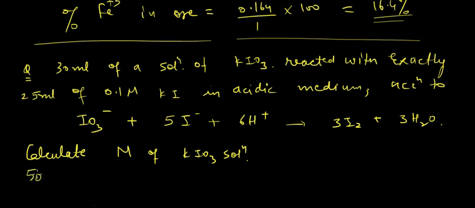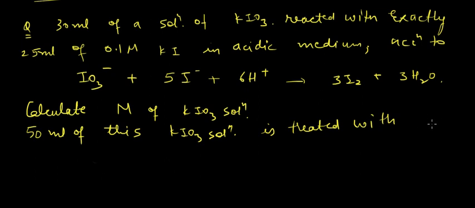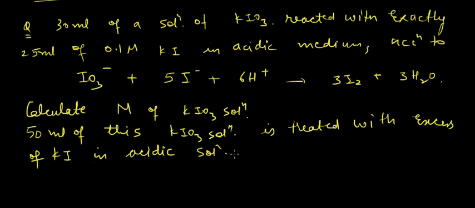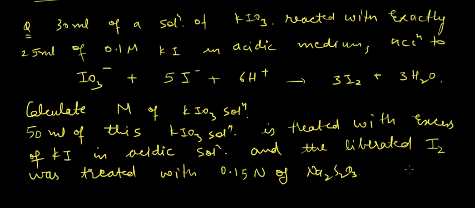And then, let's say 50 ml of this KIO3 solution is treated with excess of KI in acidic solution, and the liberated I2 was treated with 0.15 N Na2S2O3.